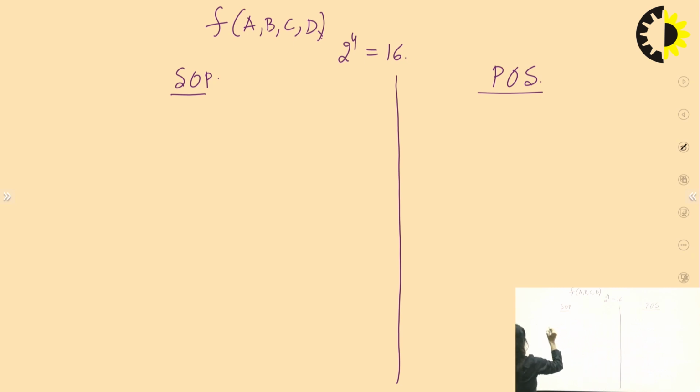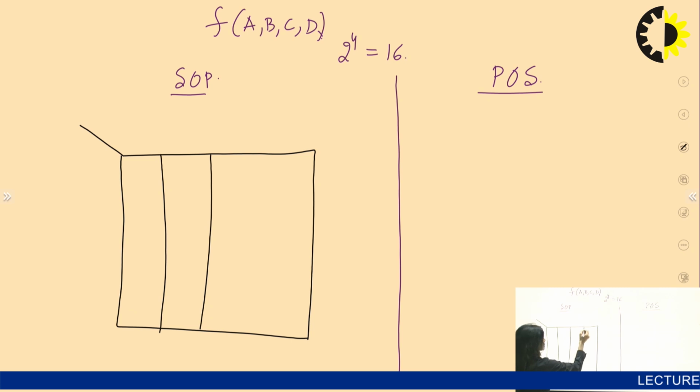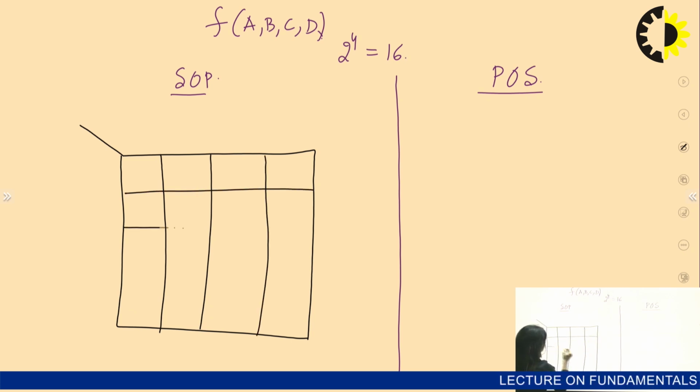Since we have to take 16 cells, my K-map will change. Instead of 4 and 8, I will be taking 16 cells here.